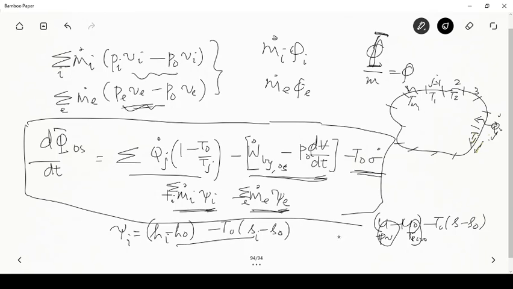Now here we can write these expressions simplified for steady state steady flow and uniform state uniform flow.